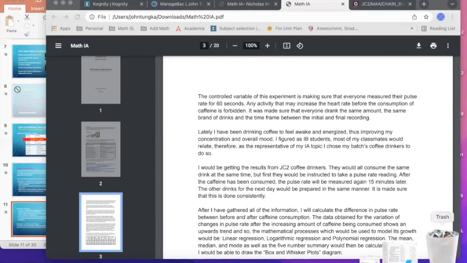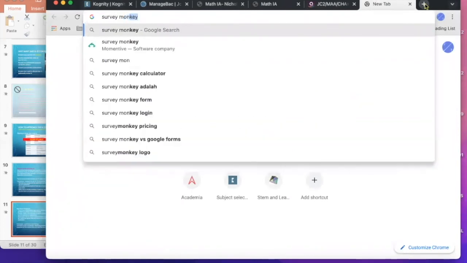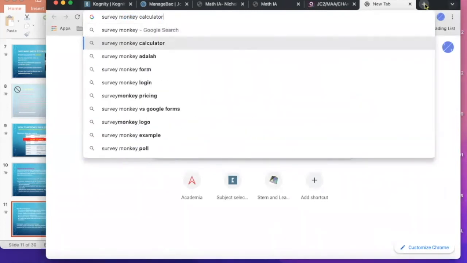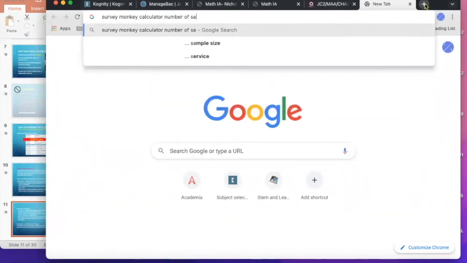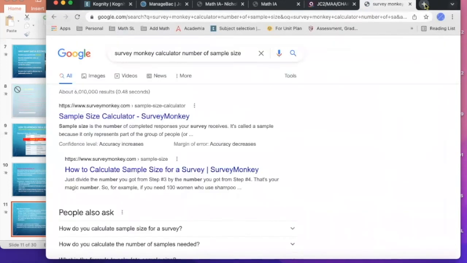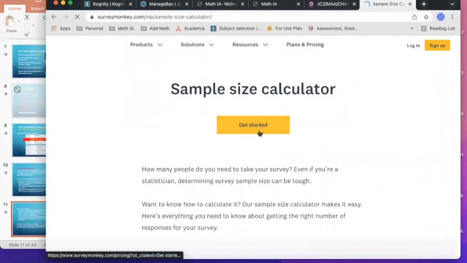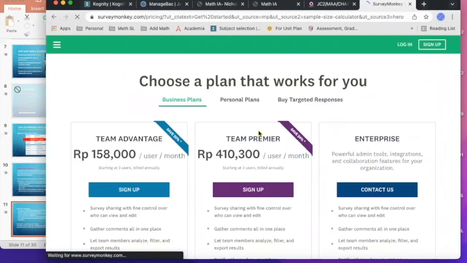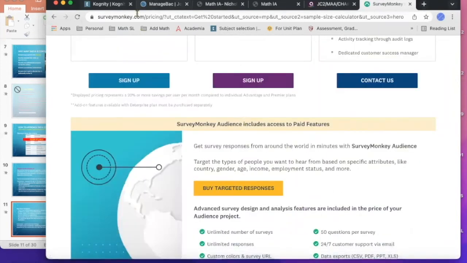Okay. How many students in JC2? 40. Okay. Survey Monkey sample size calculator. Oh my goodness, we have to pay now. Sorry, you used to be free. Okay.